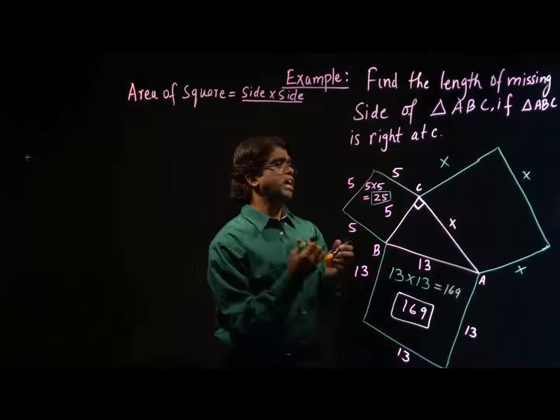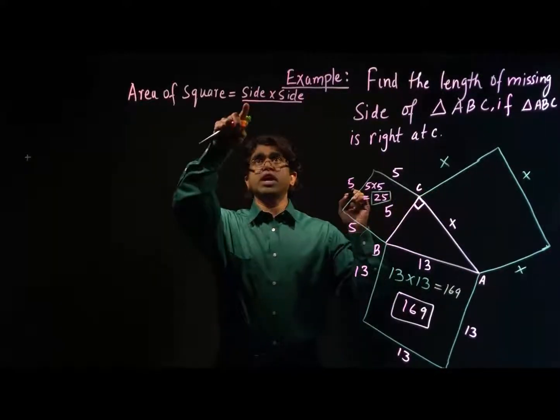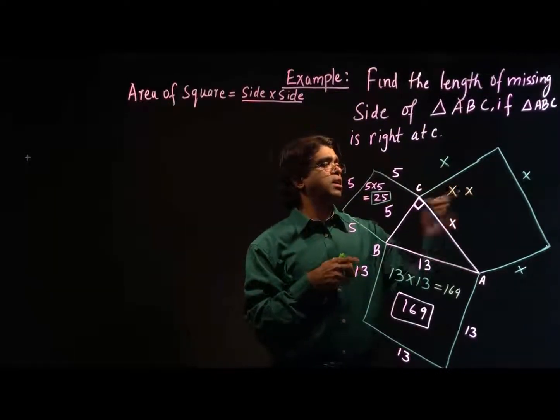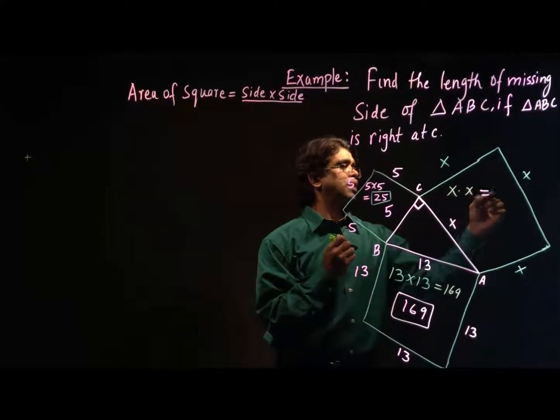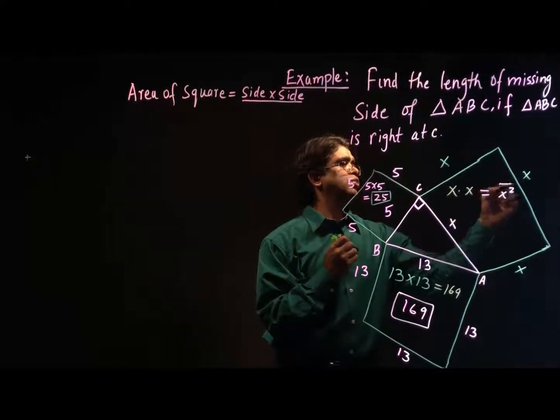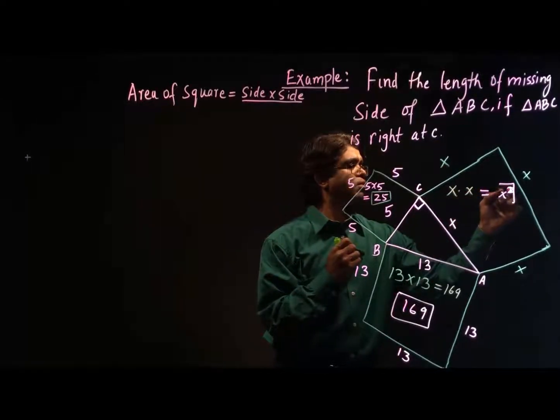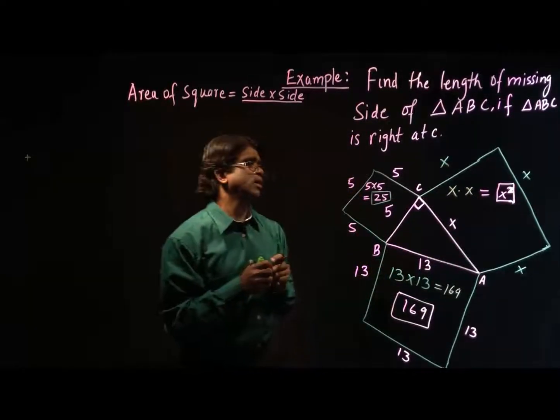We need to find the area of the square. As you know, the area is side times side, so I'm writing x times x, and we all know that x times x is x squared. So the area of this square is x squared.